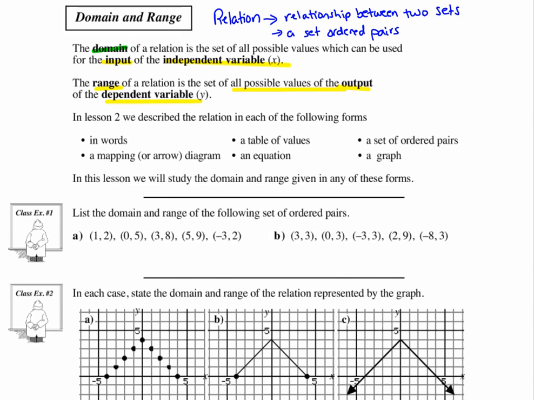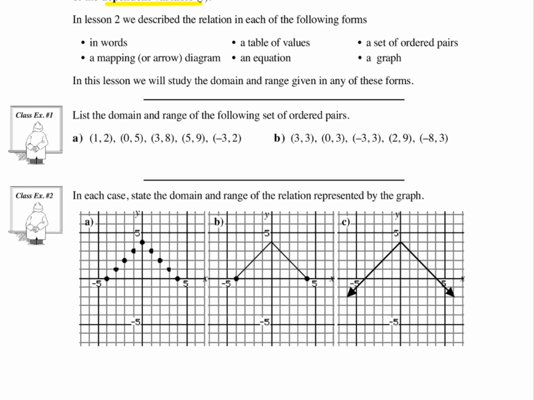So, let's do one of these. What would be the domain for this set here? 1, 0, 3, 5. Okay, so 1, 0, 3, 5, and -3. We should probably go numerically in order. So what's first? -3, then 0, 1, 3, thank you, and 5.